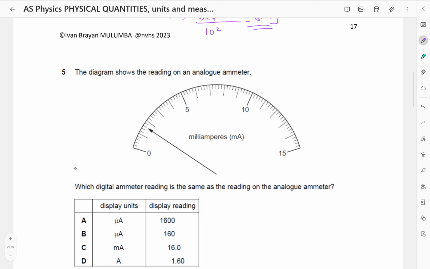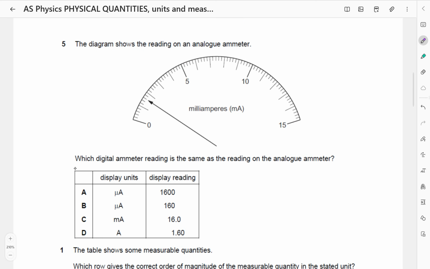The diagram shows the reading on an analog ammeter. Which digital ammeter reading is the same as the reading on the analog ammeter? Okay, so the scale here is giving us 1, 2, 3, 4, 5. So this is 2.